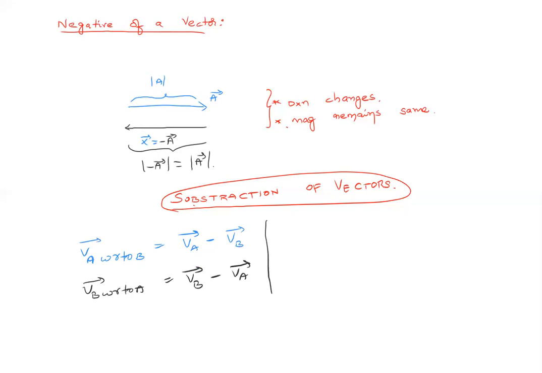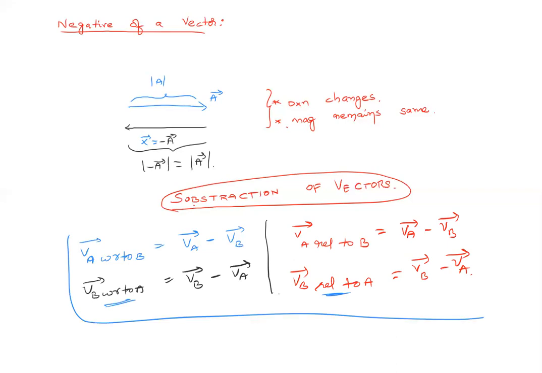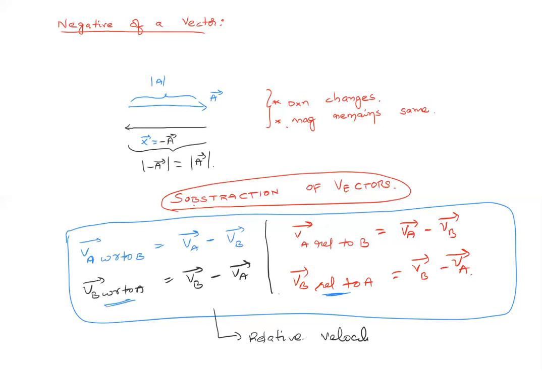Similarly, velocity of A relative to B is still VA minus VB, and velocity of B relative to A is velocity of B minus velocity of A. So all these examples with the words with respect to or relative to indirectly indicate relative velocity, the velocity of one with respect to another.